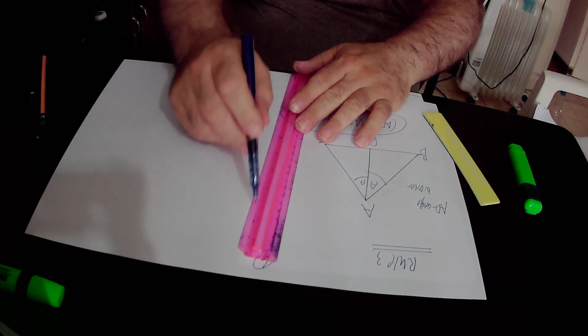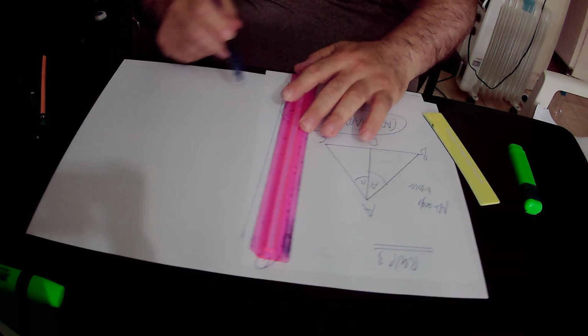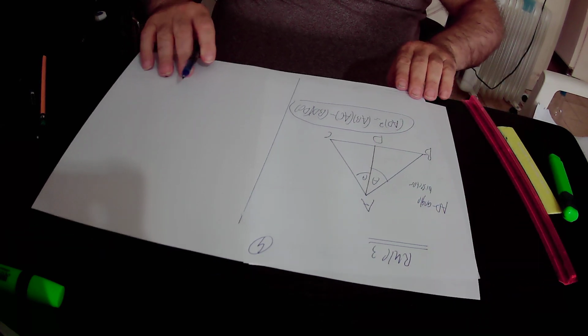Okay, so we can implement rule number 3 in triangle ABC. Why?